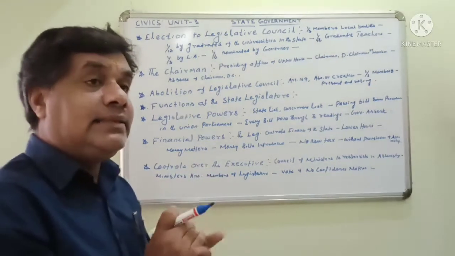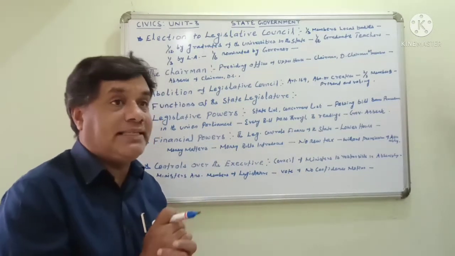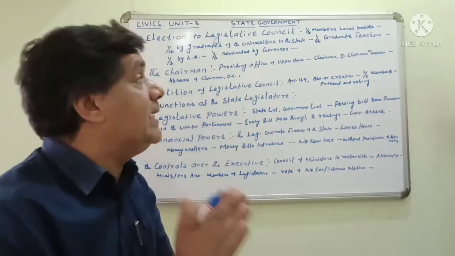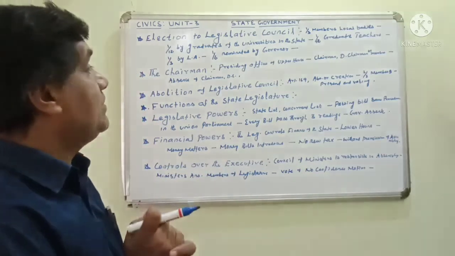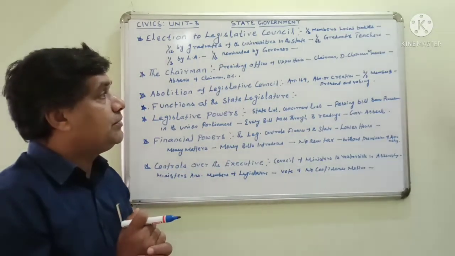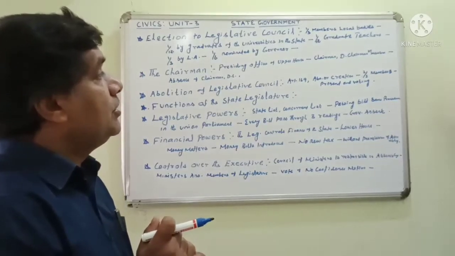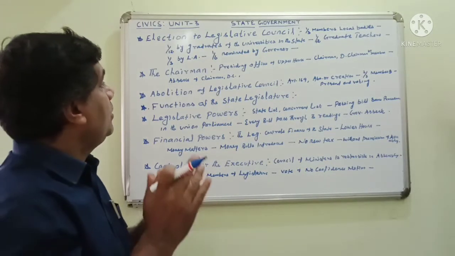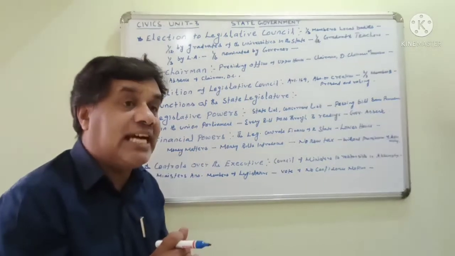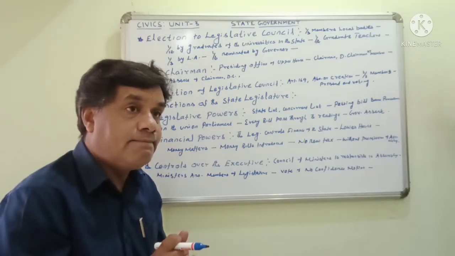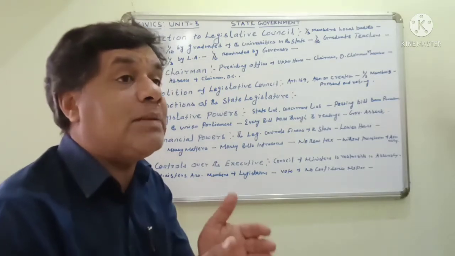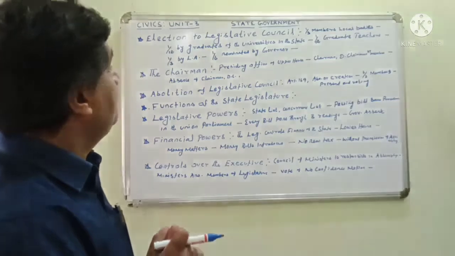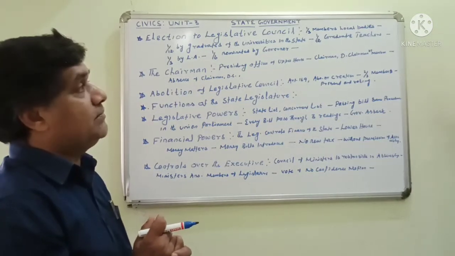The chairman and the deputy chairman are appointed by the members of the Legislative Council. In the absence of the chairman, the deputy chairman looks after the chairman's work.